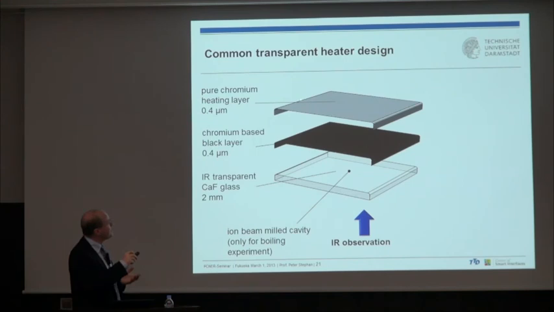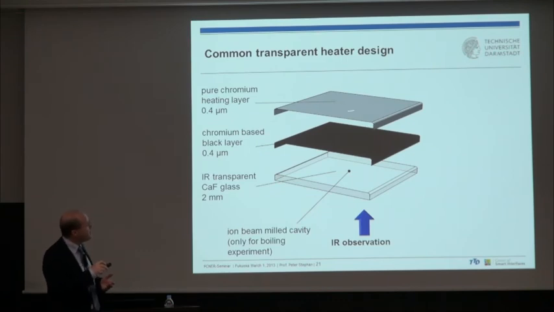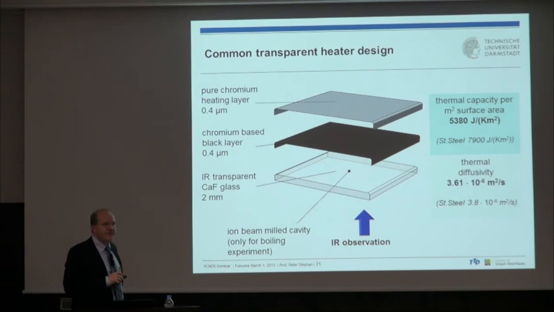We can contact it with some electrodes here and there, and thereby, due to Joule heating, produce heat here in this layer. The nice thing of this layer is that it has very nice thermal characteristics. If I calculate the thermal capacity per square meter surface area of this heater here, it's very close to stainless steel.